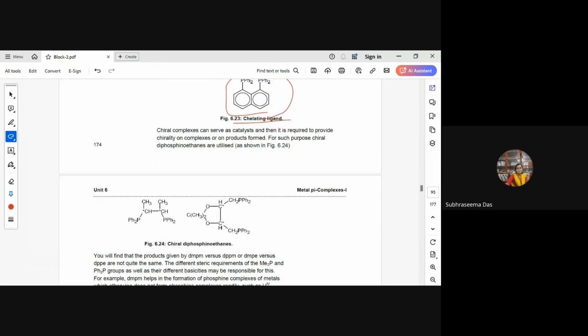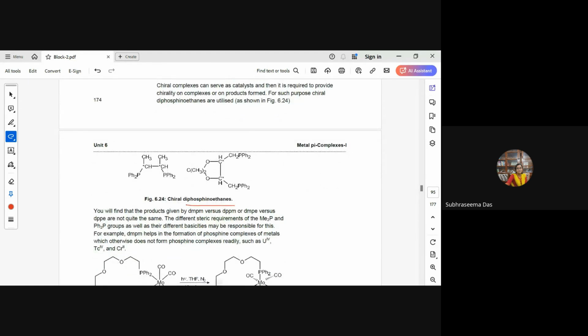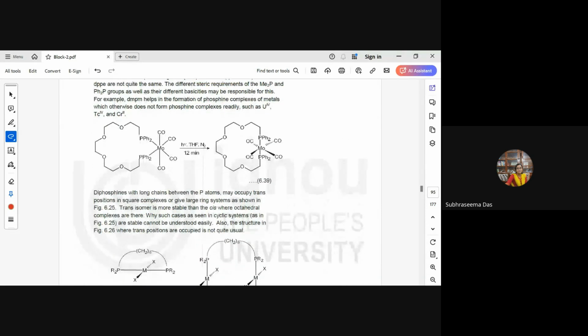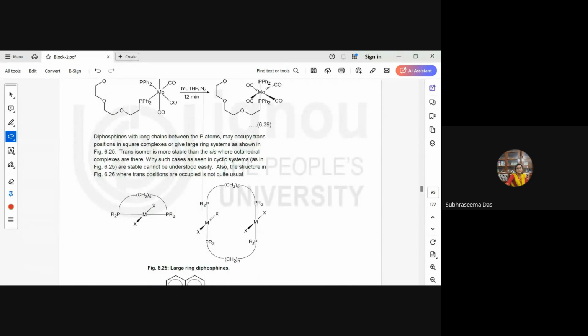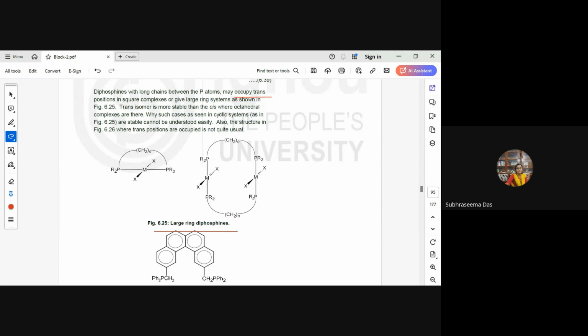So chiral diphosphinoethanes have been used, and such chiral phosphines have been used for particular purposes. Diphosphines with long chains between the P atoms may occupy the trans position, as shown, where large ring diphosphines are possible. They mostly occupy the trans position.